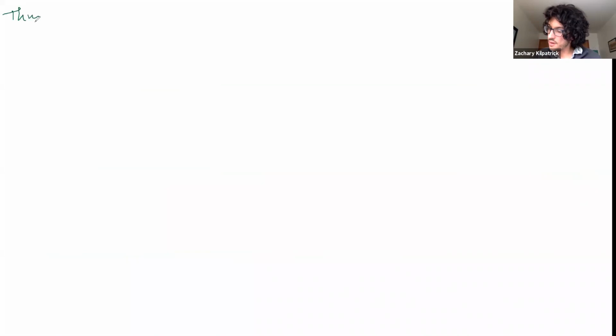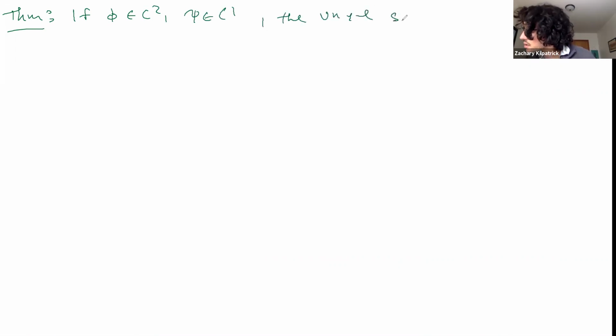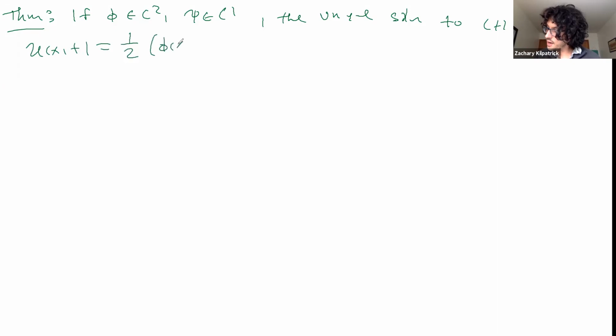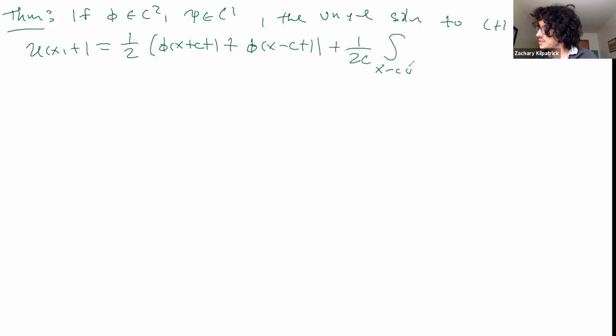So if we have our theorem here, right, is that if phi is in C2 and psi is in C1, the unique solution to dagger is a half phi of x plus ct plus phi of x minus ct plus 1 over 2c integral from x minus ct to x plus ct of psi of y dy.